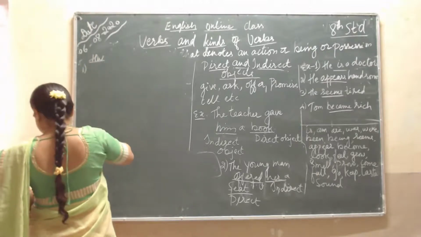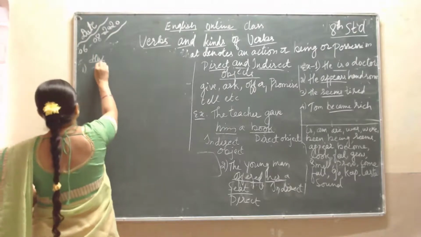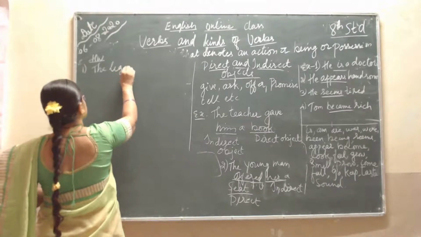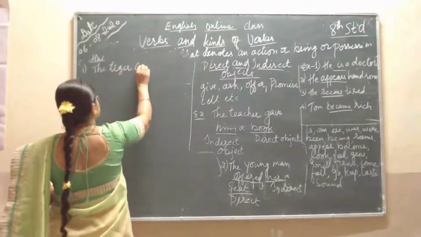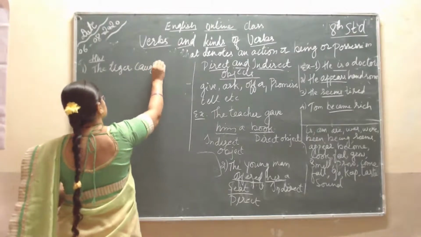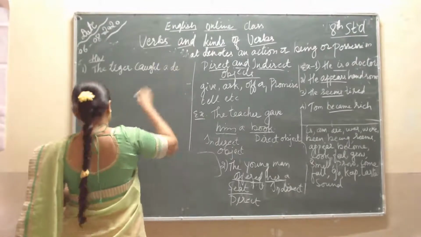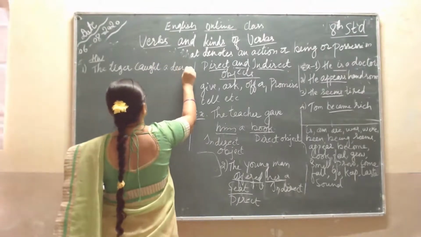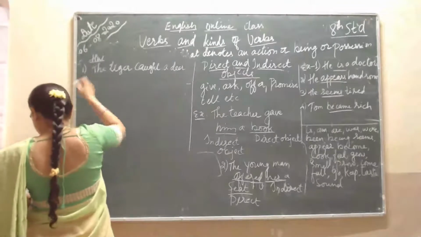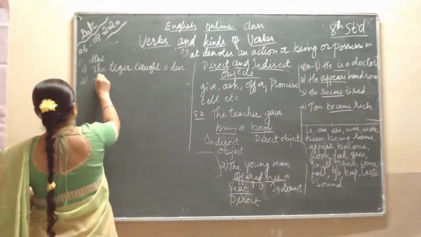The first sentence is: the tiger caught a deer. The child opened his eyes.